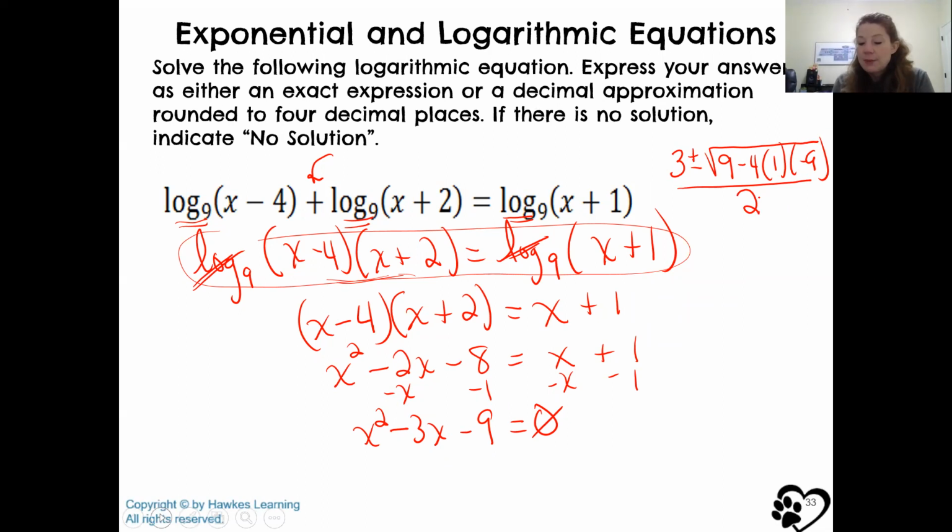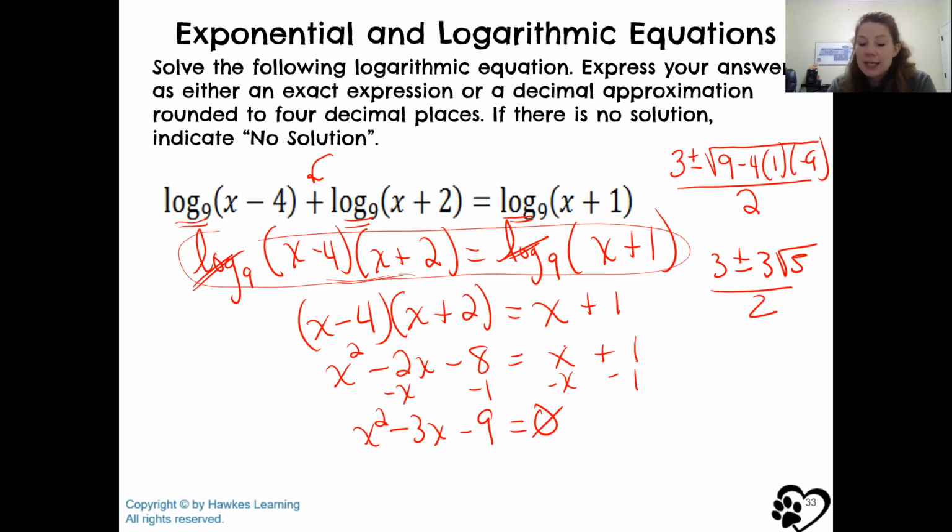So in my calculator, I'm going to type in what's under the radical. So I'm going to type in 9 minus 4 times 1 times negative 9, and I get 45. So what's the square root of 45? Square root of 45 is 3 square roots of 5. So I have 3 plus and minus 3 square roots of 5 over 2.